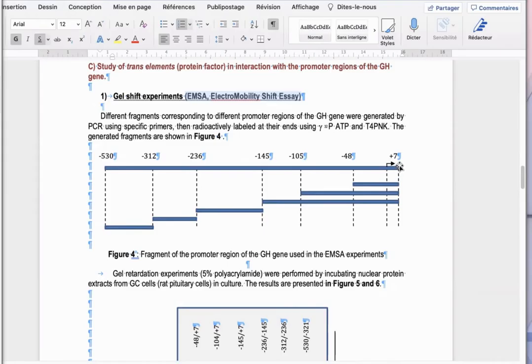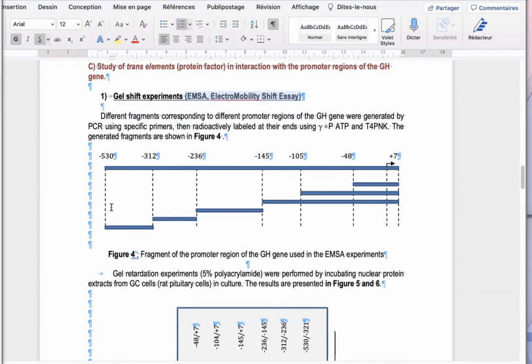The fragments used in the construct end at position +7, and they choose different positions, not necessarily the same as the ones we studied before. So instead of 237 it is 236, instead of 141 it is 145, and so on, but there are more precise regions as well, and a bigger one.